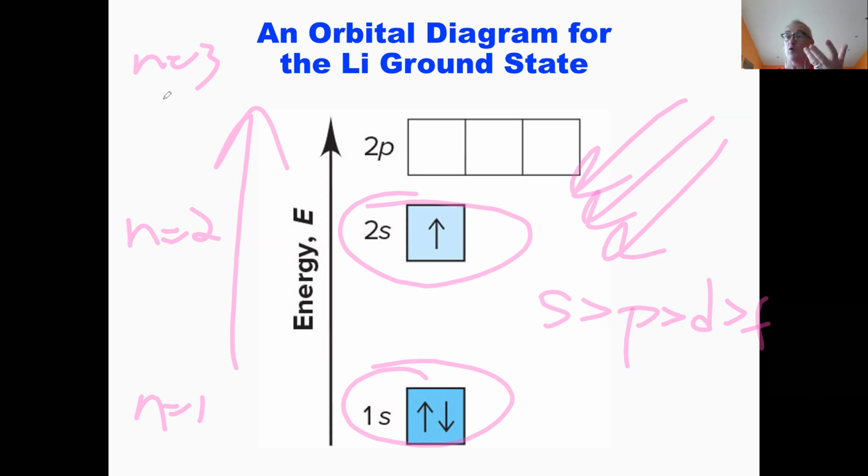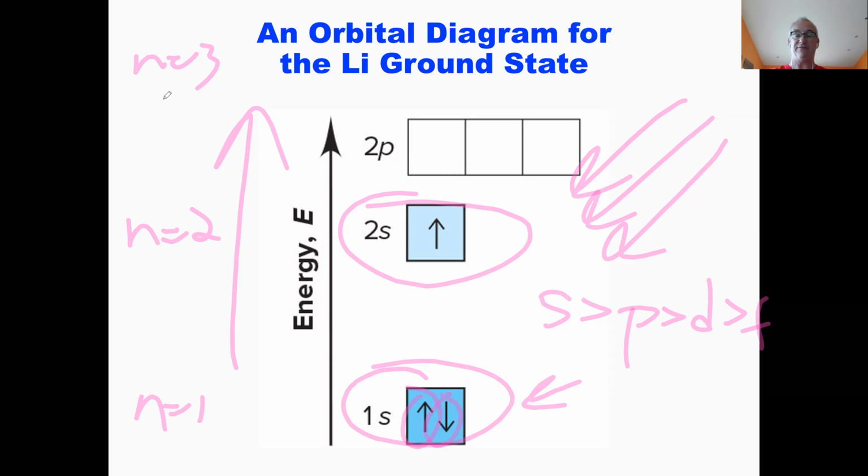So remember the different rules. First, we always put the first electron in whatever's the lowest energy. 1s is the lowest energy, so our first electron goes there, and it's always spin up. First one into an orbital, always spin up. Second one, spin down.